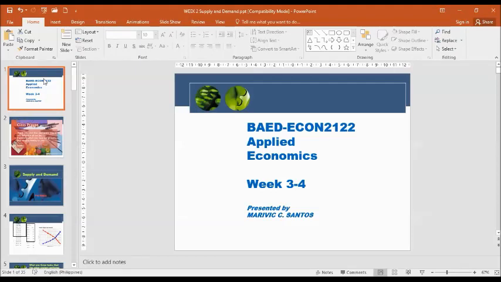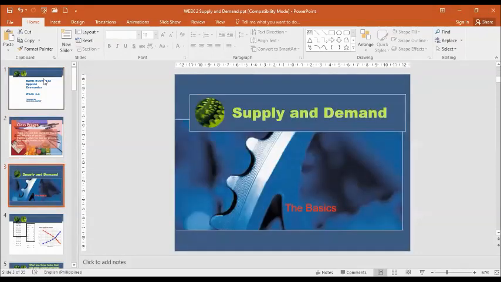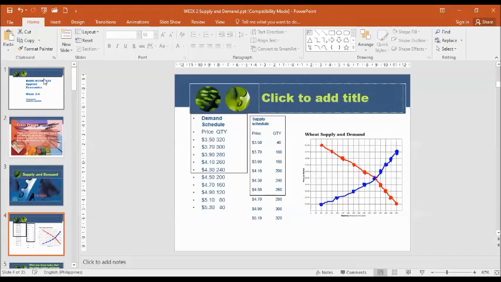So this time we will have a topic about supply and demand. So, the basics of supply and demand. I know you are already familiar with supply and demand, and let's have an illustration of it.